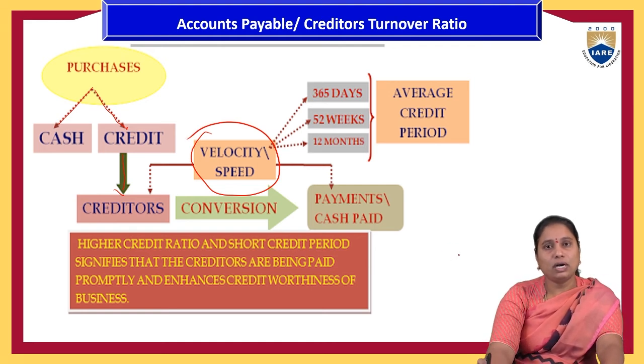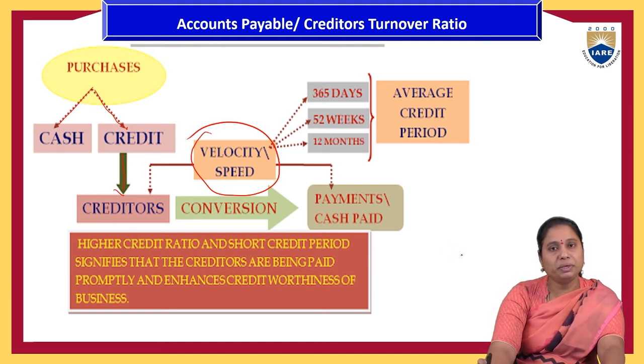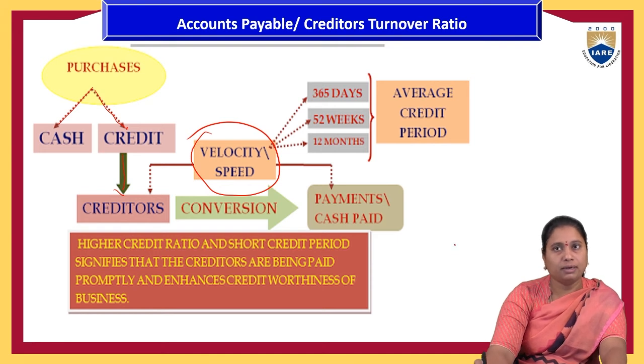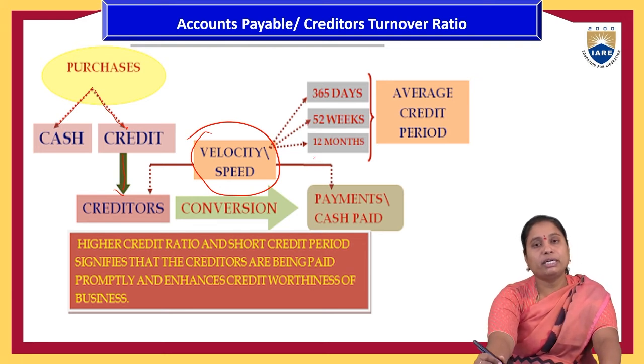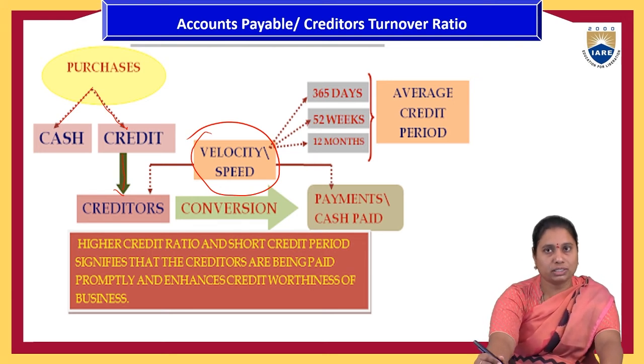That time period will be called the velocity or the speed of the bills payment. Within 365 days, if they pay, then the speed or the velocity is less. A lesser time period to repay will indicate more efficiency of the organization.